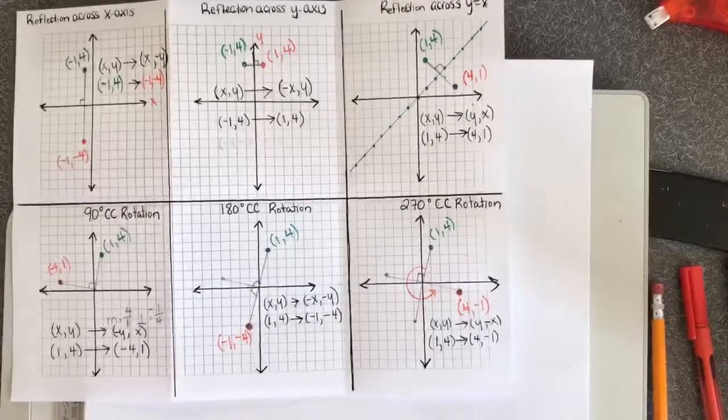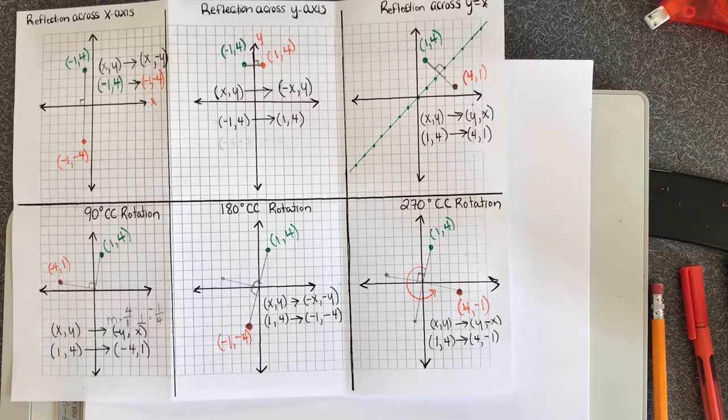So, in a nutshell, (x, y) becomes (y, -x). You flip-flop them, and you change the sign on your x. Okay, hope things are going well. This was a quick review on how to come up with your rules without ever having to memorize.